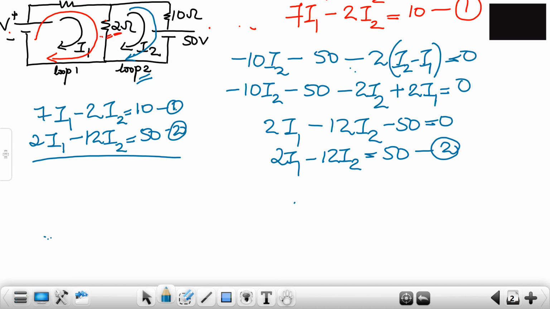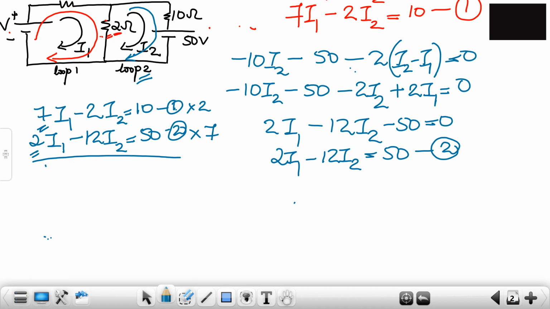Since we are finding the value of I2, we have to eliminate I1. So how do you do that? Just cross multiply with the terms of I1. The first equation I'm multiplying by 2. The second equation I'm multiplying by 7.